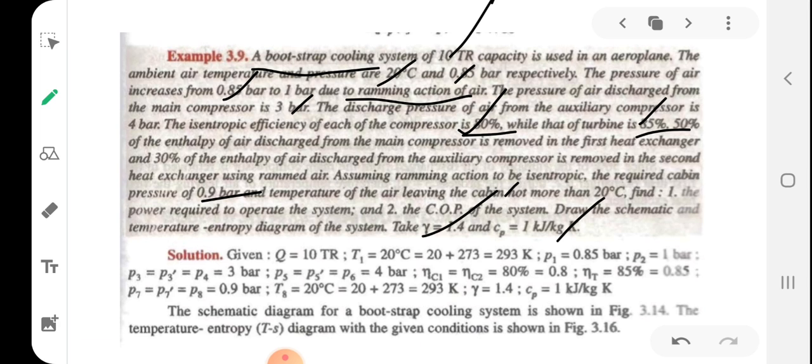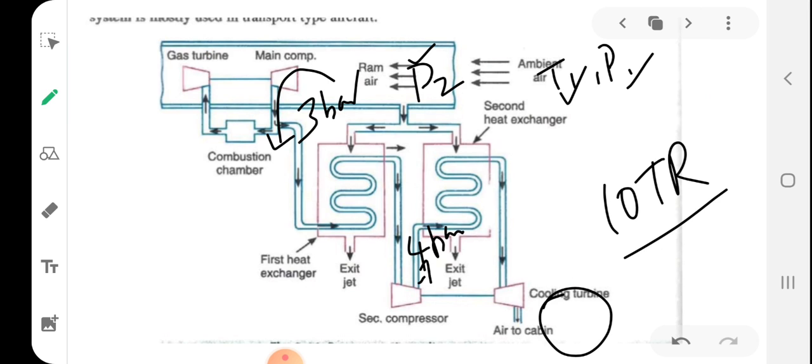The second heat exchanger removes 30% of the enthalpy of air. And the required cabin pressure is given. So cabin pressure equals 0.9 bar and 20 degrees Celsius cooling. That thing is also given. So you need to draw the TS diagram first.